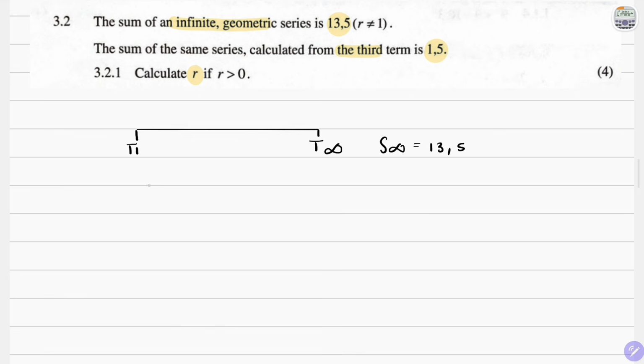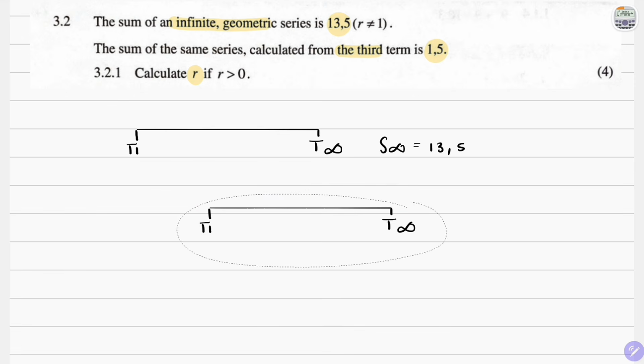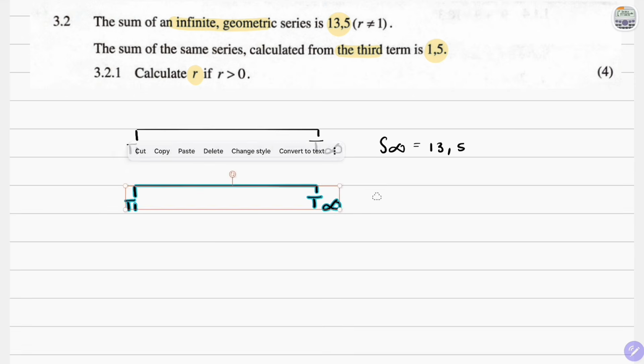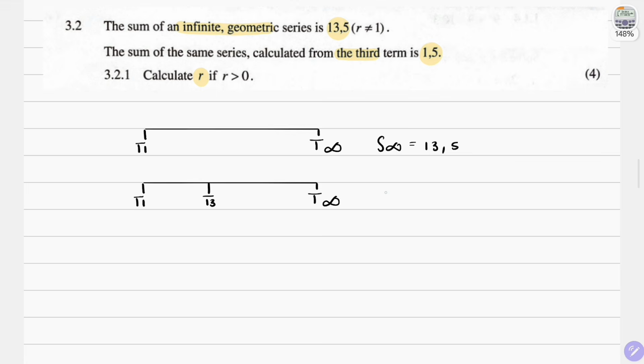But then we have this same series, so we're going to have a similar timeline. Now it's the same series, but they are starting this time from term 3. So from term 3, the sum of the series there is equal to 1.5. So here we have the sum to infinity and, well, it's still the sum to infinity, just starting from term 3. We're going to have to find a way to express this.